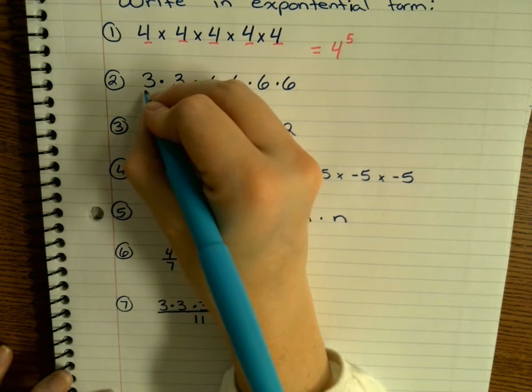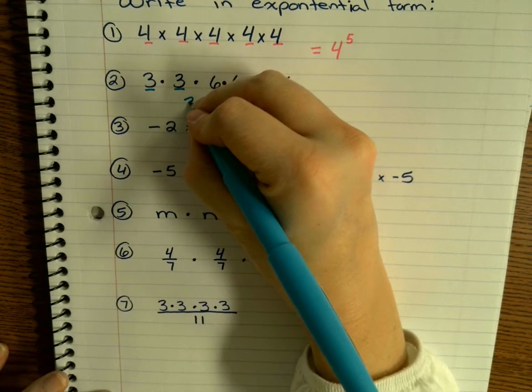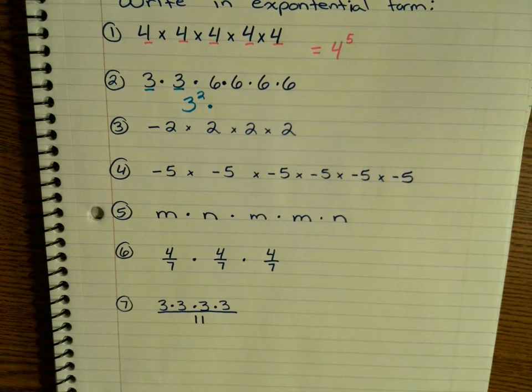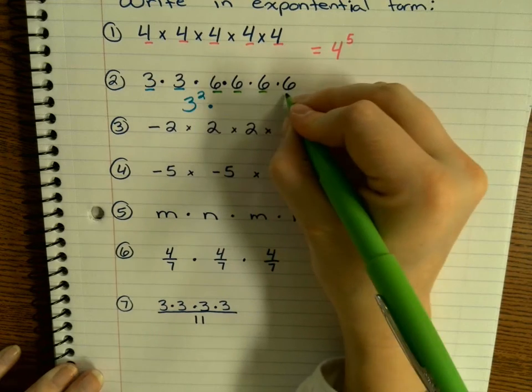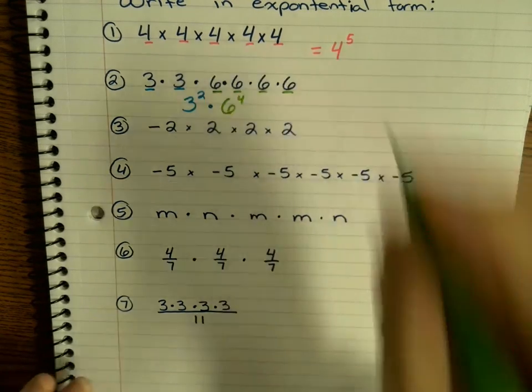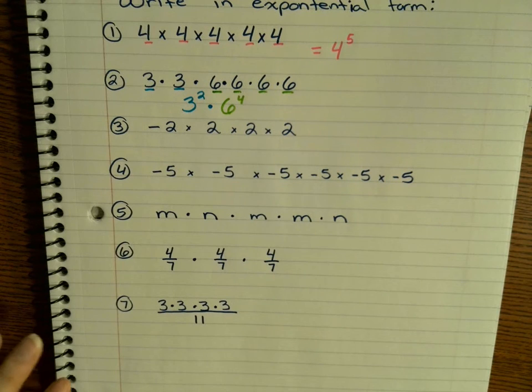We have the 3 repeating twice, so that becomes 3 squared, times, so we have another base, a different base, 6, 1, 2, 3, 4 times that is repeating. So that would be 6 to the 4th power. So 3 squared times 6 to the 4th. What about problem number 3? How would we write problem number 3?